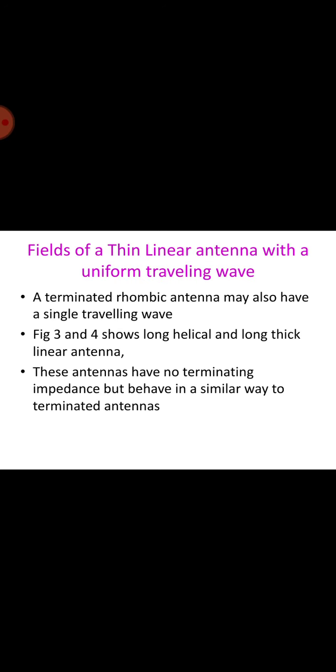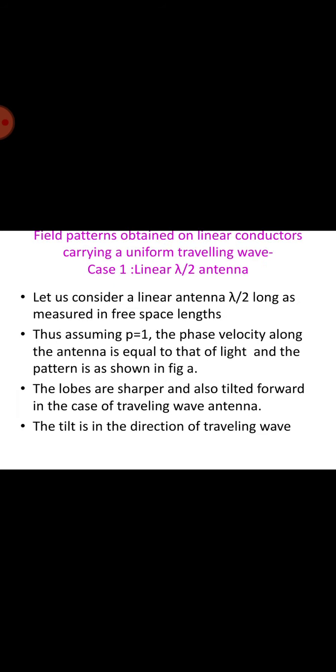Proceeding now to find the field radiated by a traveling wave on a thin linear conductor, let us consider a conductor of length b coincident with the z-axis and with one end at the origin of a cylindrical coordinate system, that is rho, phi, z. It is assumed that a single uniform traveling wave is moving to the right along the conductor.